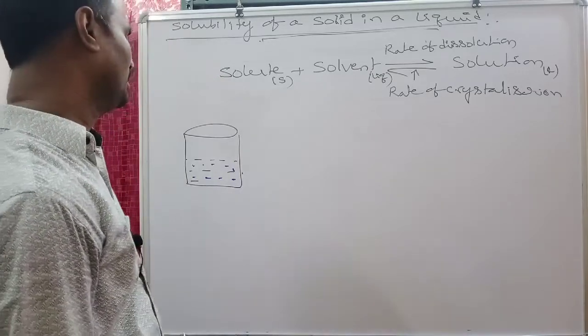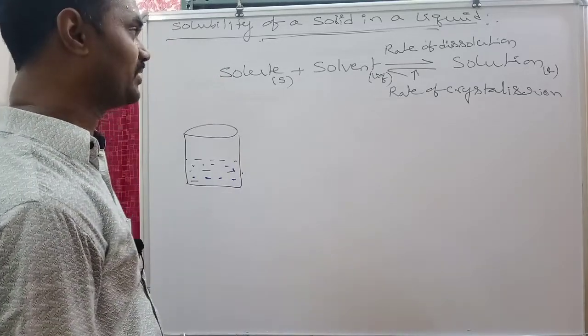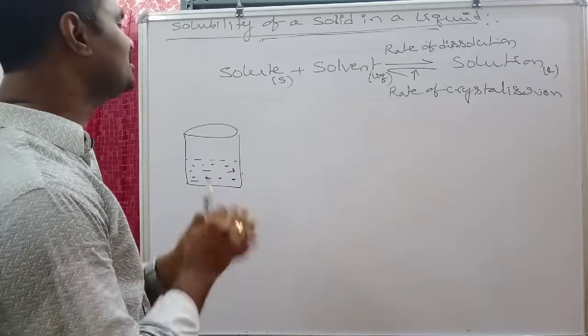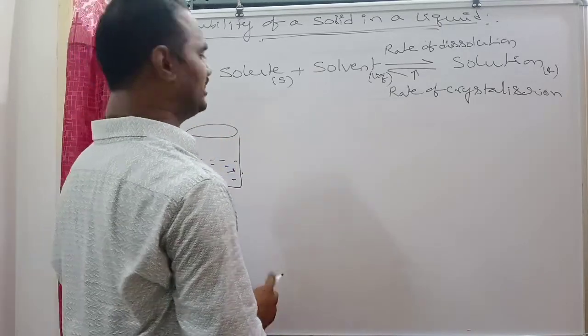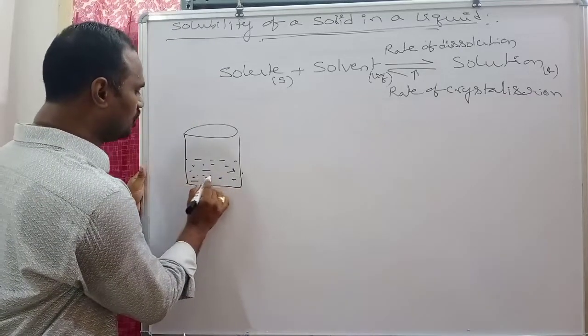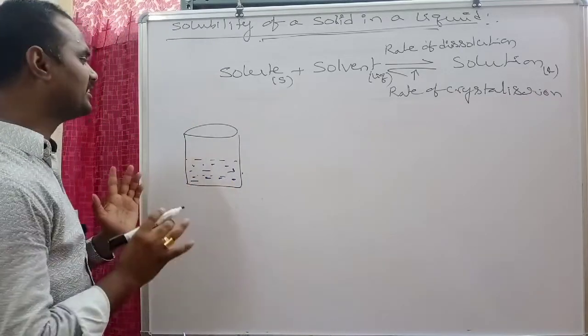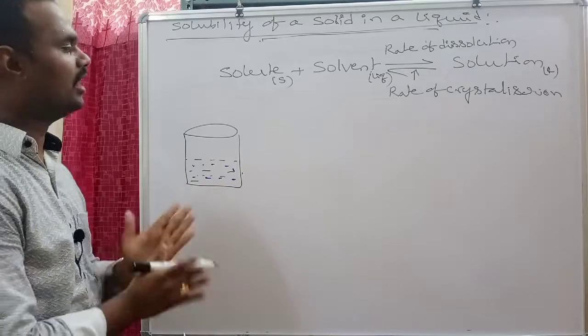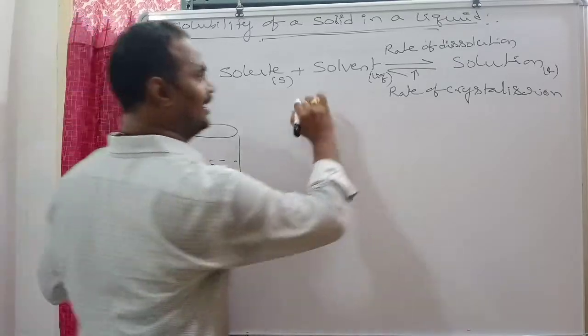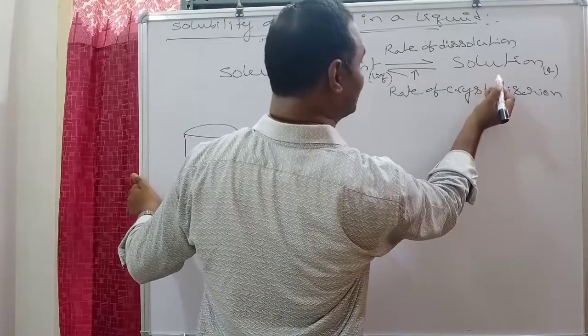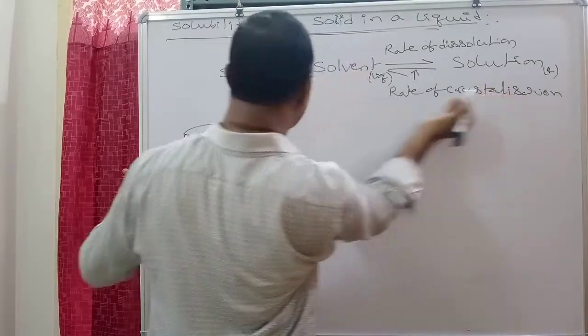Once equilibrium is attained for this process, the quantity of dissolved solute particles inside the solution does not change after that time. Reason: how many solute particles dissolve into the solution, the same number of solute particles come out.